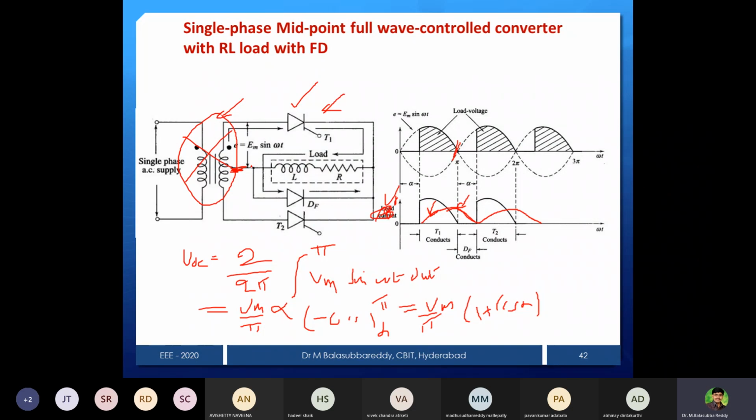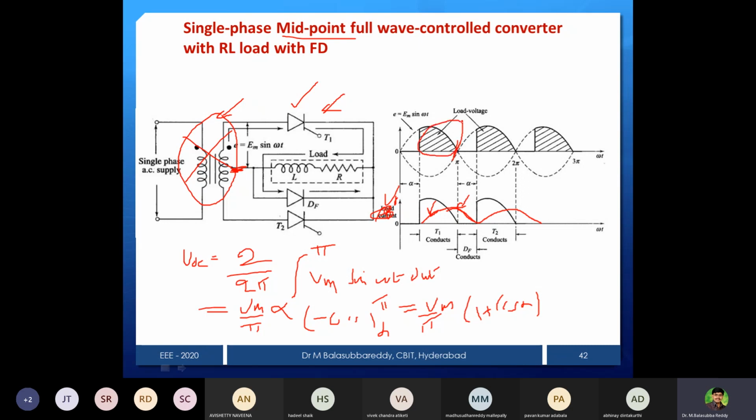But remember one thing: the waveforms, average expressions, current expressions, and RMS, everything is the same. The bridge controlled rectifier will not give more than this voltage. Whatever voltage the midpoint converter gives, the same voltage is obtained. The waveforms are also the same, but the only difference is in the devices. Here, thyristor T1 alone conducts to get this pulse, no?